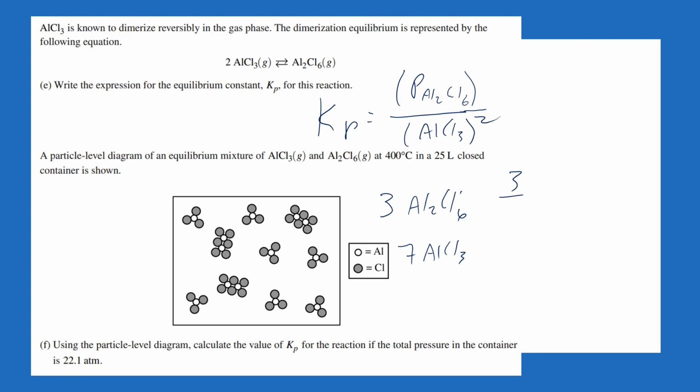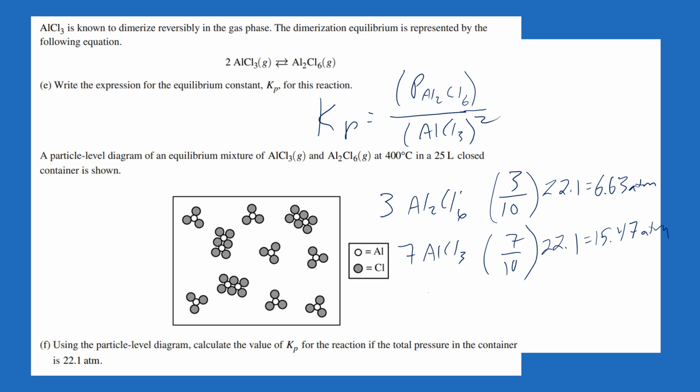So 3 out of 10 of my particles are the Al2Cl6, and if my total pressure is 22.1, that will help me find the partial pressure of the Al2Cl6, which is 6.63. And then 7 out of 10 of my molecules are AlCl3, which is, if I multiply by the total pressure of 22.1, I get the partial pressure is 15.47.